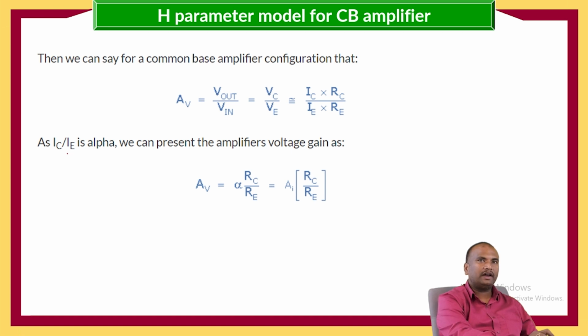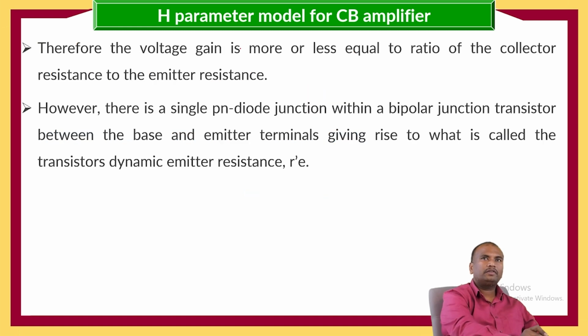As IC by IE is alpha, we can present the amplifier's voltage gain as AV is equal to alpha into RC by RE, that is equal to AI into RC by RE. Therefore, the voltage gain is more or less equal to the ratio of collector resistance to the emitter resistance.